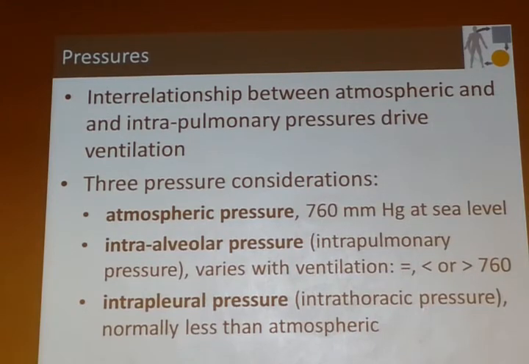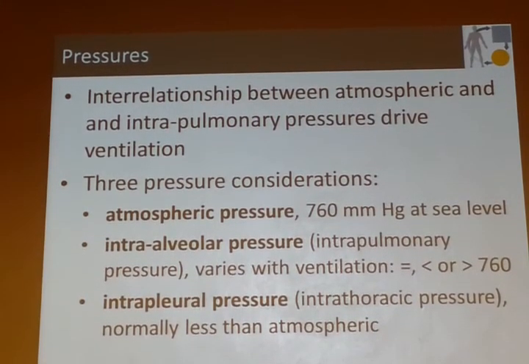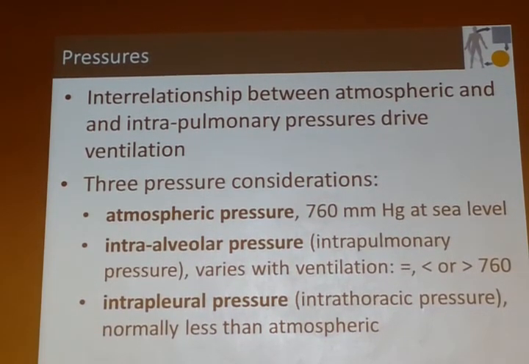And when the barometric pressure goes down with the low pressure system that comes in, it doesn't go down too much, usually around 759. Hardly ever gets to 758. So for our purposes, we're going to say it's 760 all the time.